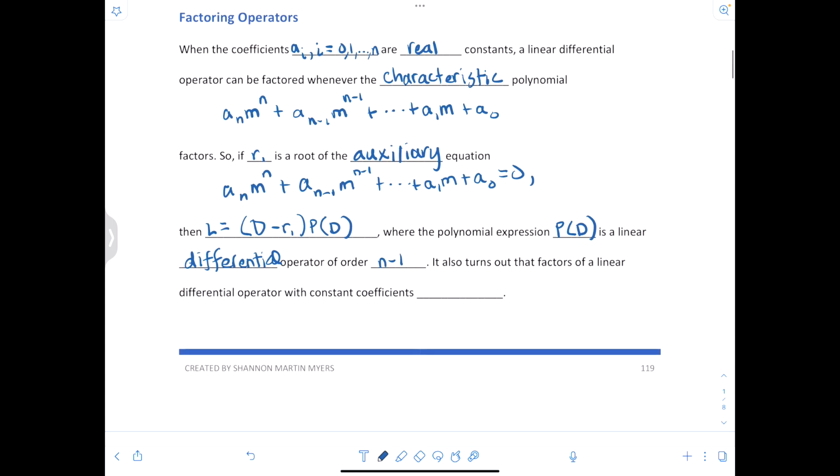It also turns out that factors of a linear differential operator with constant coefficients commute, which is very cool.